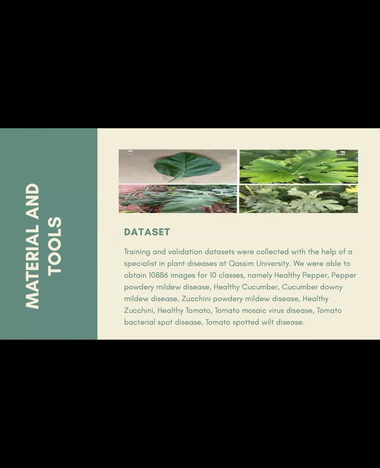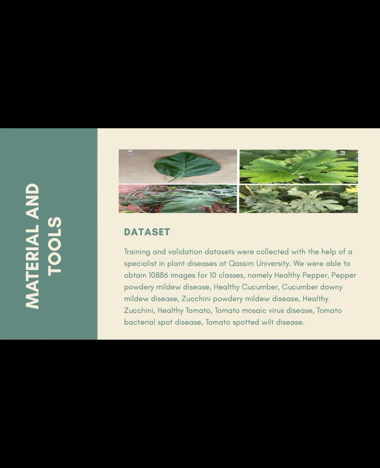Okay, our dataset, the materials and the tools that we used. First, the dataset. The training and validation dataset we collected with the help of specialists in plant disease at Qassim University, the place that we live in.